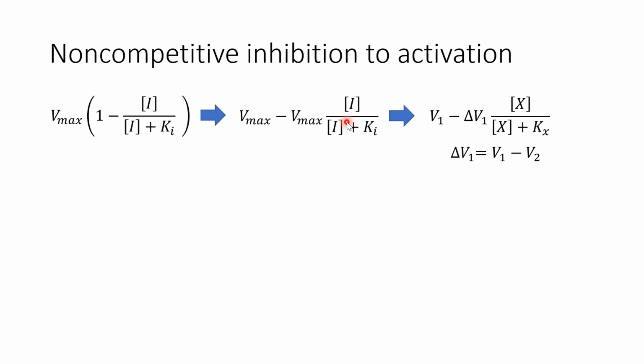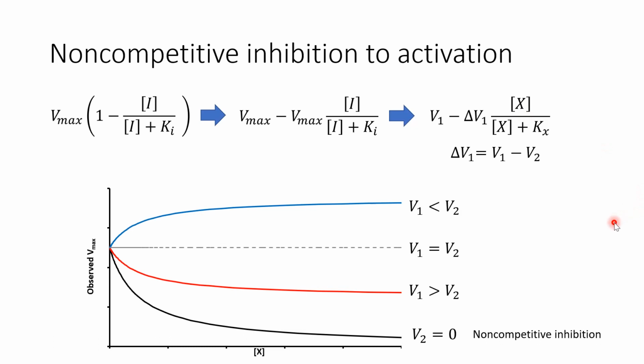Now, at this point you can see that I've changed it from inhibitor to now X, which I'm going to refer to as a modifier, because if you were to make V2 bigger than V1 in this situation, then you're actually going to be describing activation, okay? And if you were to make your V2 value equal to your V1, the binding is not going to actually affect the activity of your enzyme population.